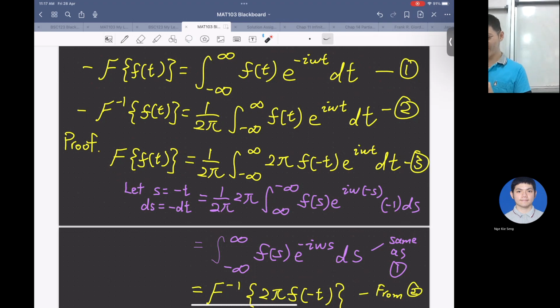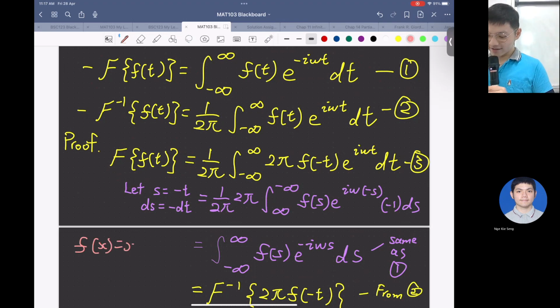Let me ask you another question. Does f of x equals x the same as f of y equals y? Are these two the same function?